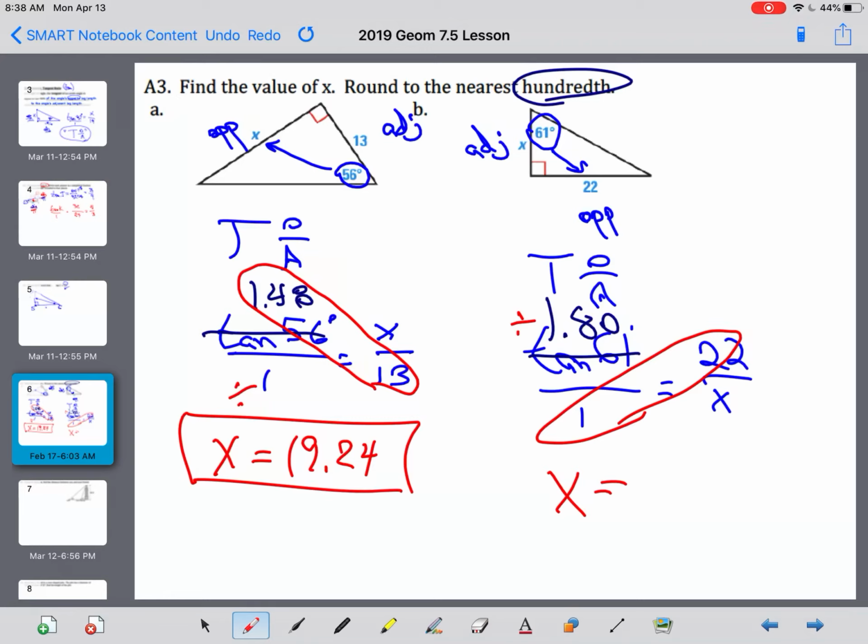I didn't do that right. So 22 divided by 1.80, I get 12.22, which is correct. And those are my answers. These are the most common problems that you will see.